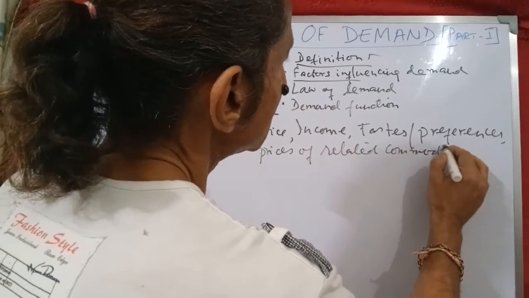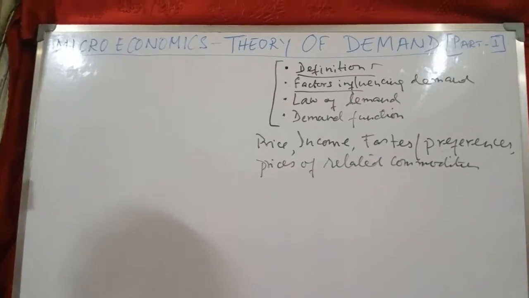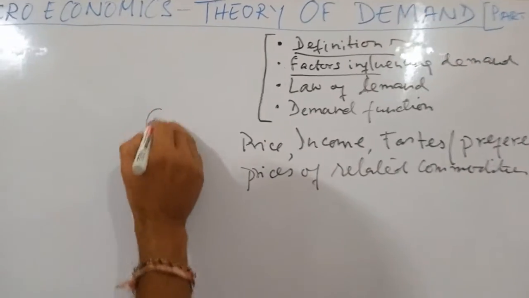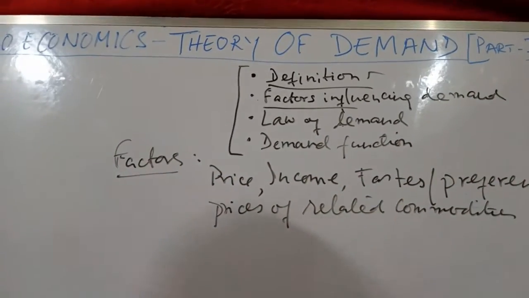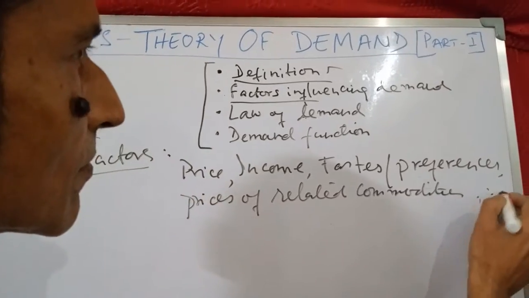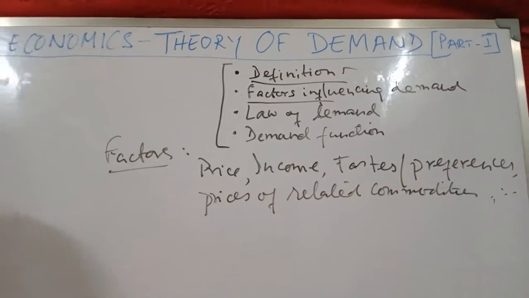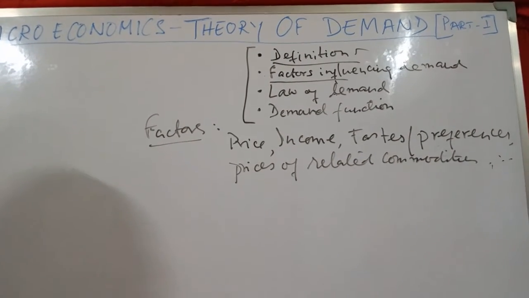Related commodities mean either substitute or complementary. Right? And many other things. So these are the factors that influence demand.